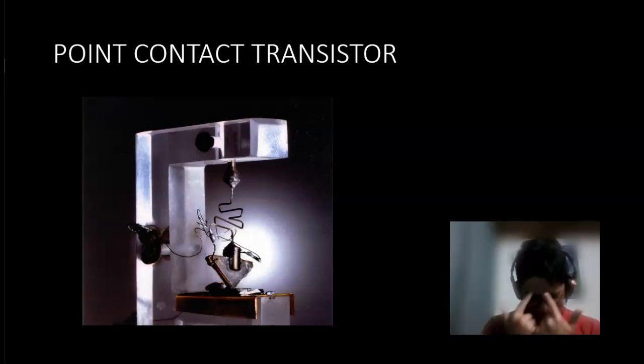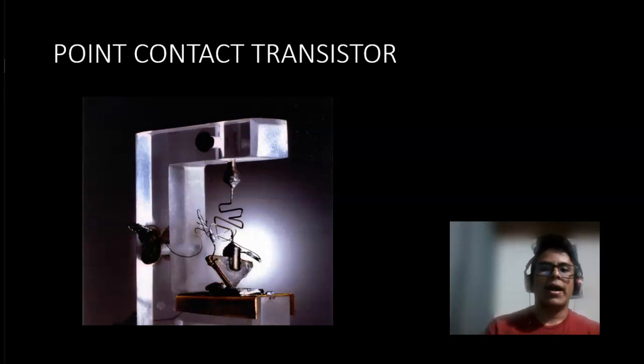It consists of a germanium-based semiconductor, then better known than the combination of copper and copper oxide, on which are supported two metal tips, which constituted the emitter and the collector.